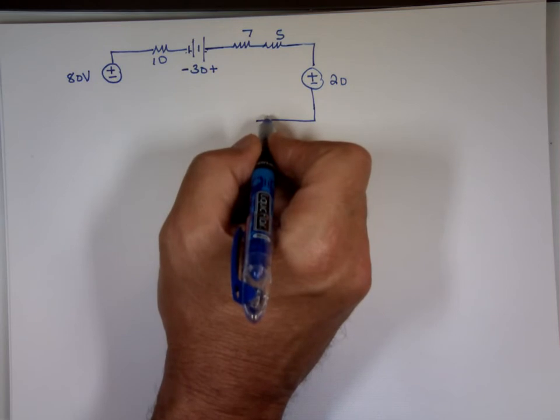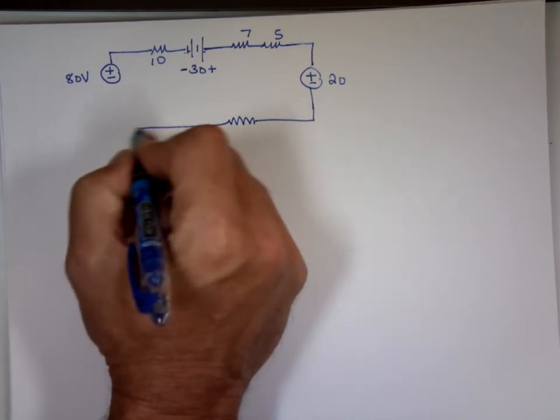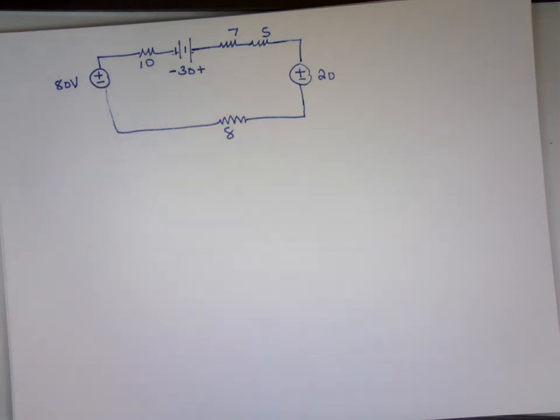And what do we have? This is the 8. One single loop there. Now, when you're building a circuit like this, you can move things around because it's a single loop.